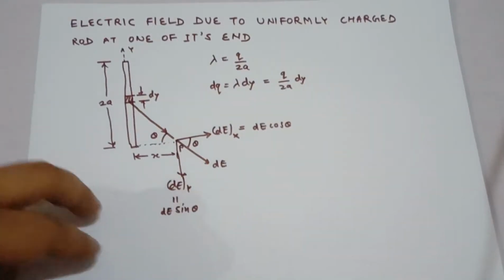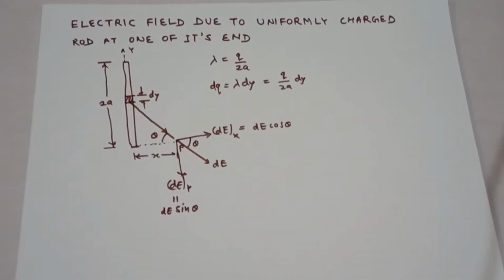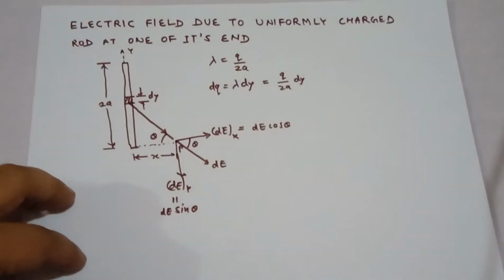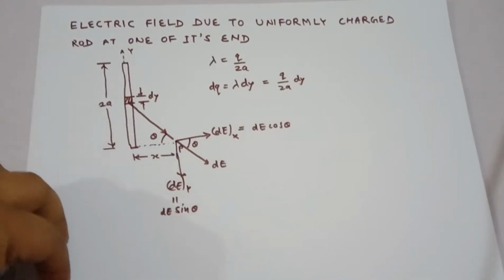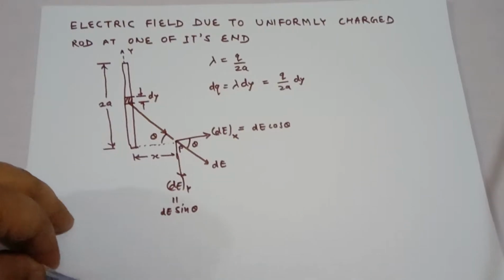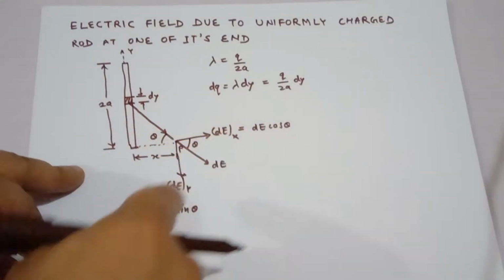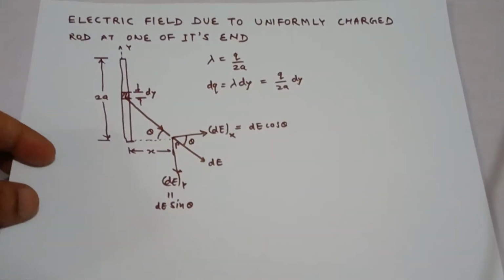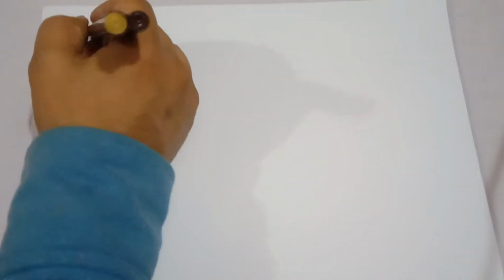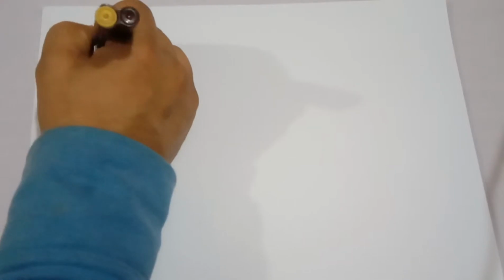Now we will calculate the total electric field due to the whole uniformly charged rod at that point along the x-axis and y-axis. So let us calculate the total electric field along the x-axis.